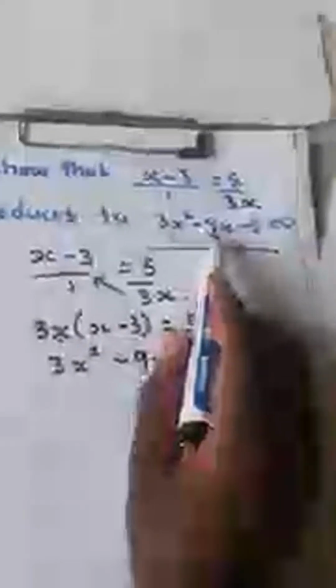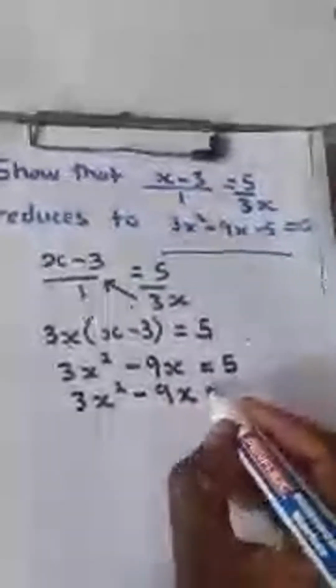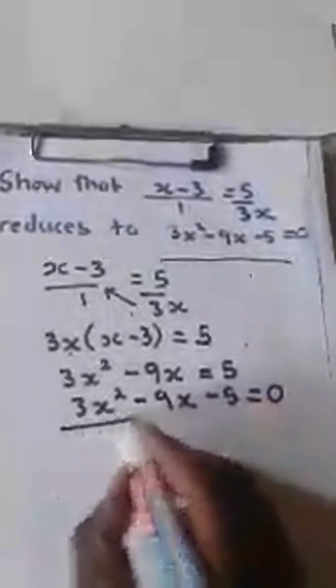So let's solve this one. Remember, we are asked to reduce it to 3x squared minus 9x minus 5 is equal to 0. So let's bring 5 to this side. It will be 3x squared minus 9x, then 5 to this side is now minus 5 is equal to 0.